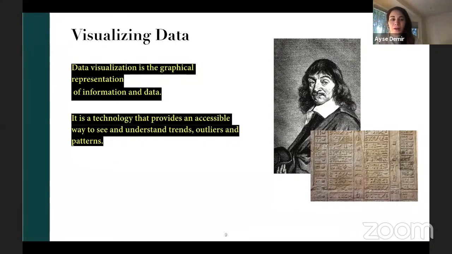But the modern way of looking at things had its first foundations laid by the French philosopher Descartes, back in the 18th century. He founded the Cartesian coordinates, which is the X and Y axis. That was technically one of the first building blocks of fundamental, modern data visualization.